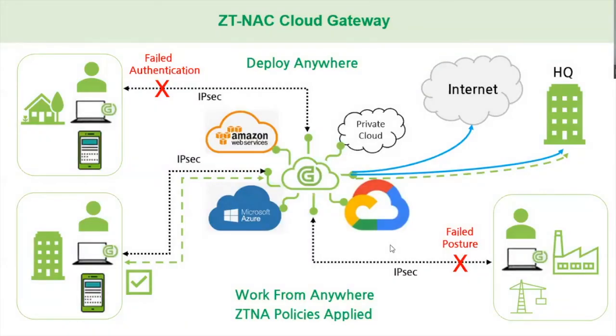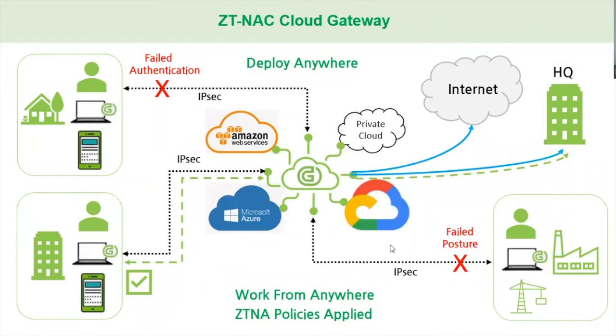So with the cloud gateway, the whole point here is once you have gained visibility and control of all of your IP-enabled nodes within your cloud environment, you also want to now, from your on-prem or from remote workers or from factories or wherever, control users that are trying to access resources inside of any cloud.